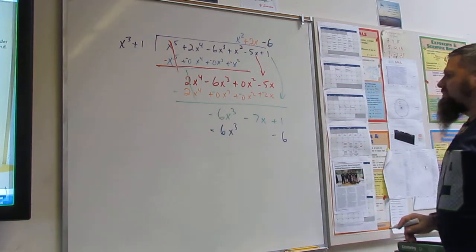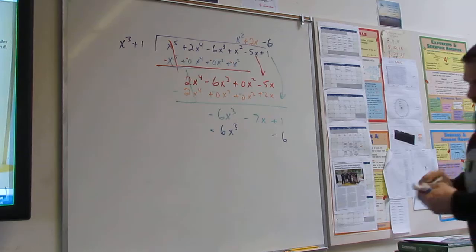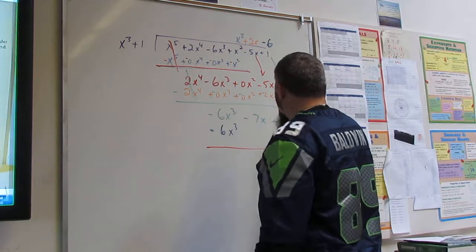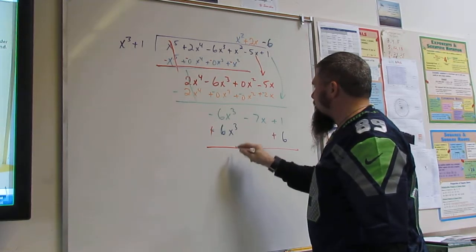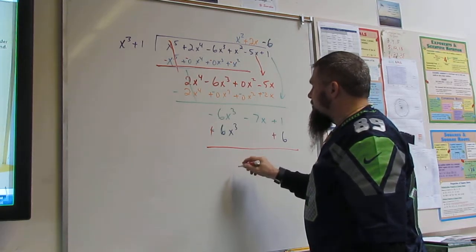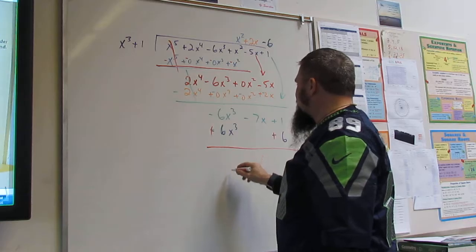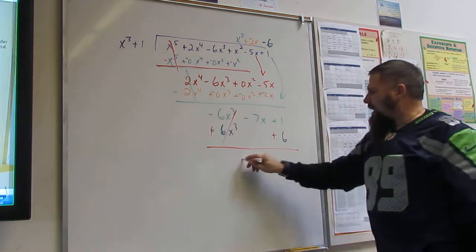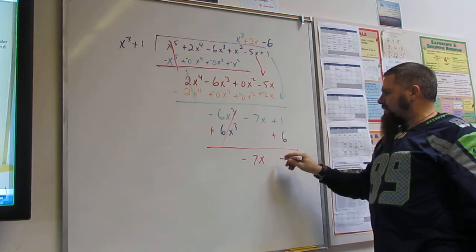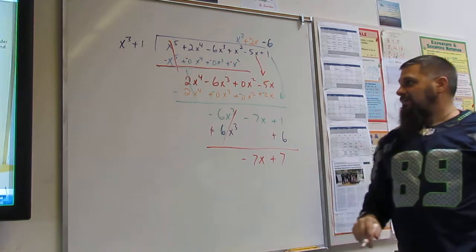Then you add it, and then we draw the line and change the sign. And so I get 0x cubed, no, x squared, minus 7x, and then plus 7, right?